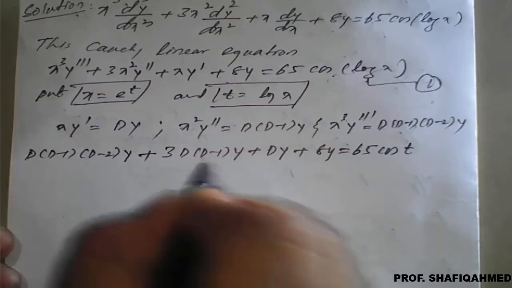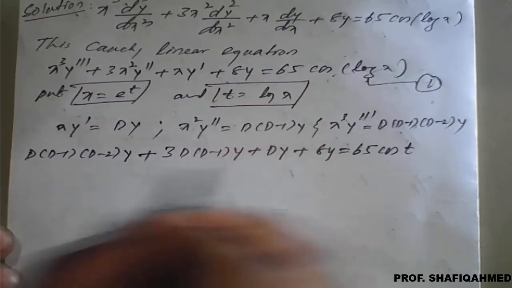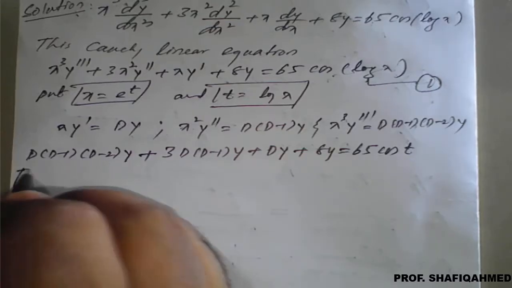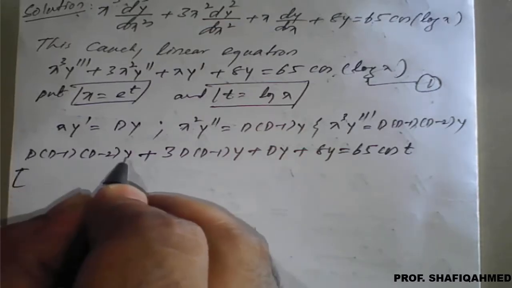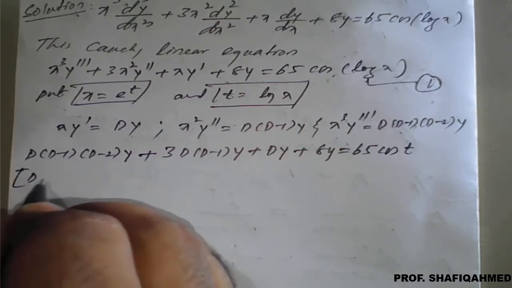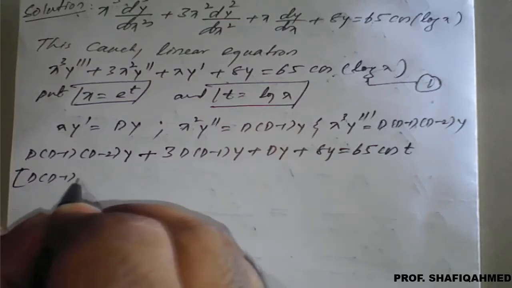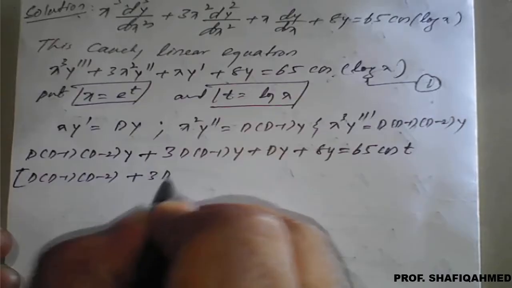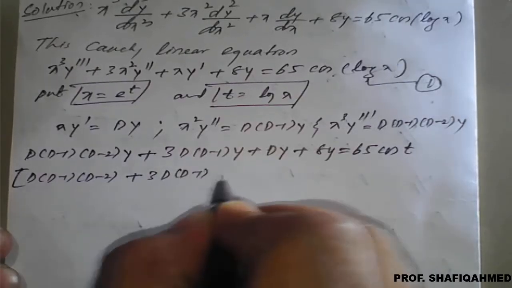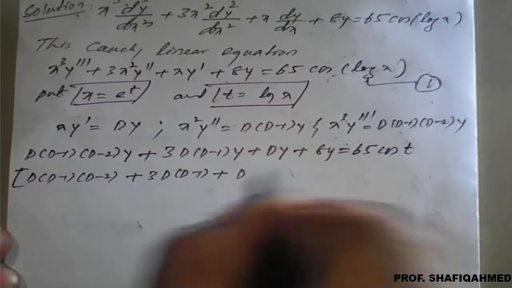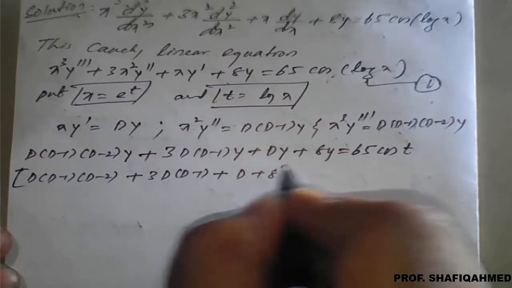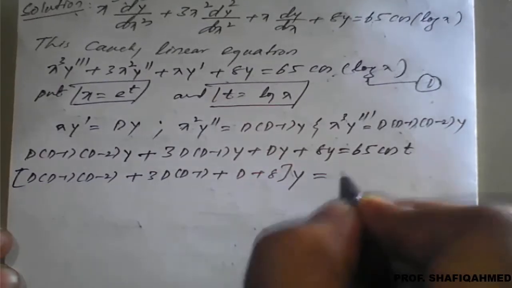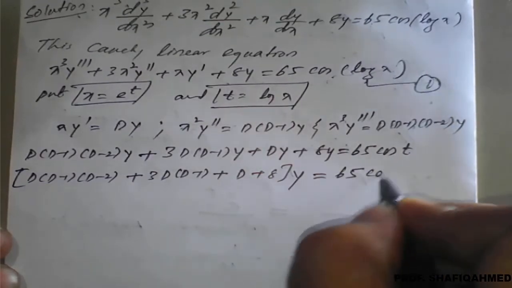So we have four terms, all four terms having D, all having y, so I will take y common. So this, as it is, D into D minus 1 into D minus 2 plus 3D into D minus 1 plus D plus 8, of y is equal to 65 times cos of t.